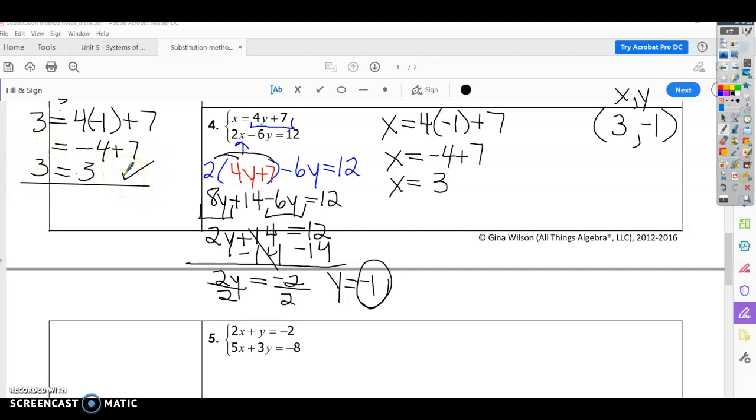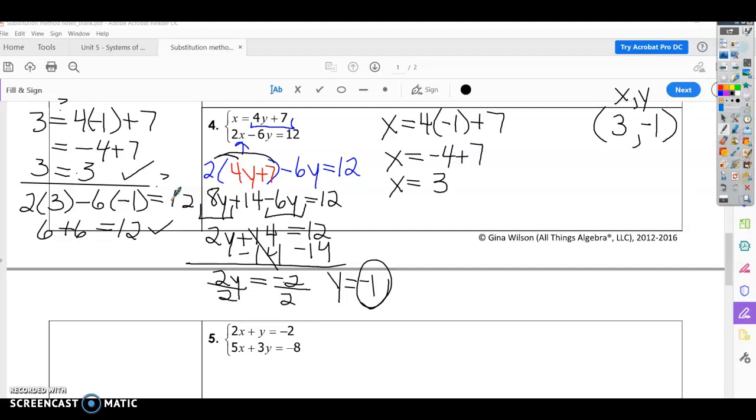The first one works. Let's check the second equation. 2 times x minus 6 times y. Does that equal 12? All right, 2 times x is 3. Y is negative 1. And that gives us 6. Negative 6 times negative 1 is plus 6. And that equals 12. So that one works as well.